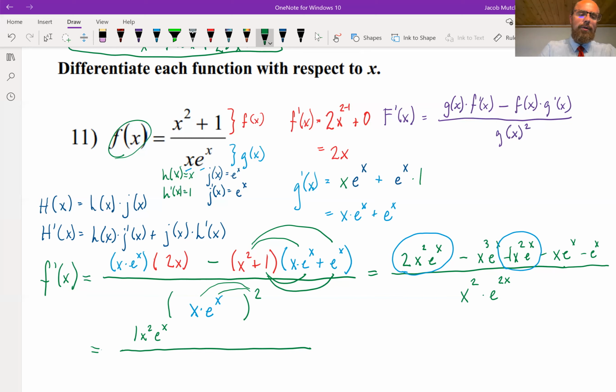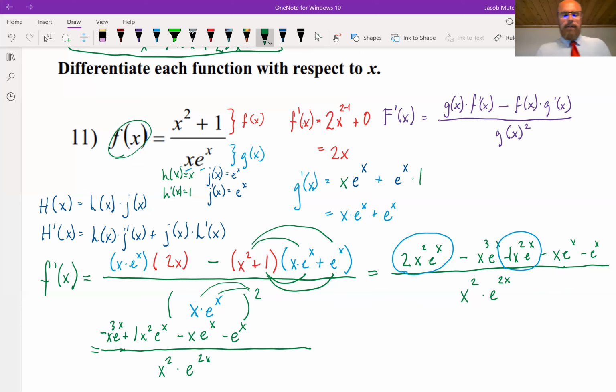So what I'll do is make some space here in the numerator. Negative x cubed e to the power of x plus the 1 x squared e to the power of x. And then the other pieces I can just write in. So it's going to be minus x to the power of 1 e to the power of x minus e to the power of x, all over x squared times e to the power of 2x.